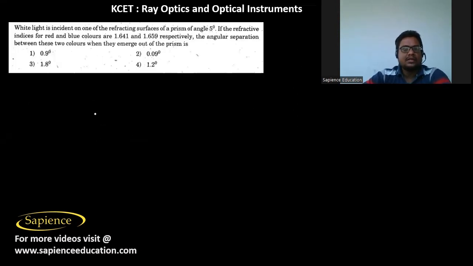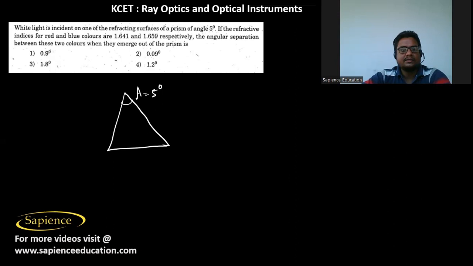Then it is told white light is incident on one of the refracting surfaces of a prism. So one prism we have, and the refracting angle is A of the prism. White light is incident and the angle of the prism is 5 degree.